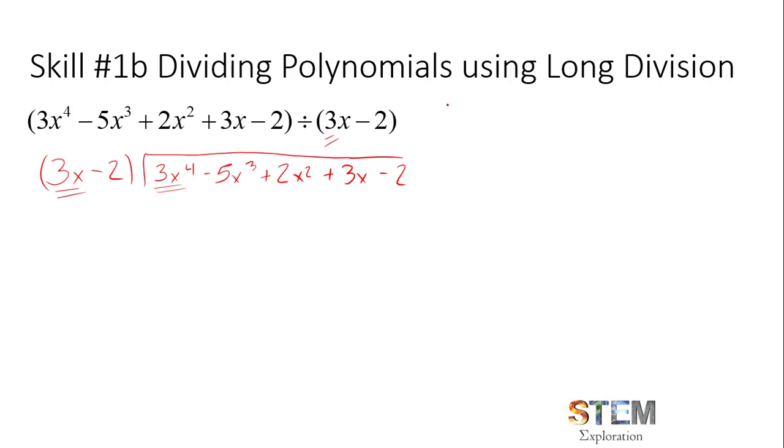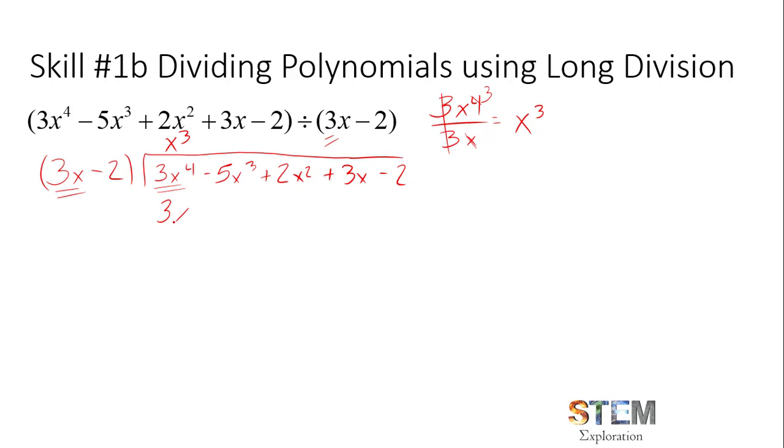Because just like we would do with short division, what we're trying to do is get things to match up. So if we look at this situation and go 3x to the 4th power and we divide it by the 3x, what we're going to see is that the 3's cancel, one of the x's cancel, and this turns to a 3. So x cubed is going to be what remains. And again, the idea is if we go x cubed and we multiply that by 3x, we're just trying to reproduce that scenario.